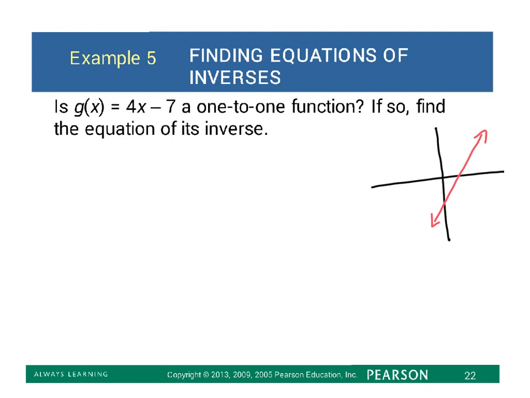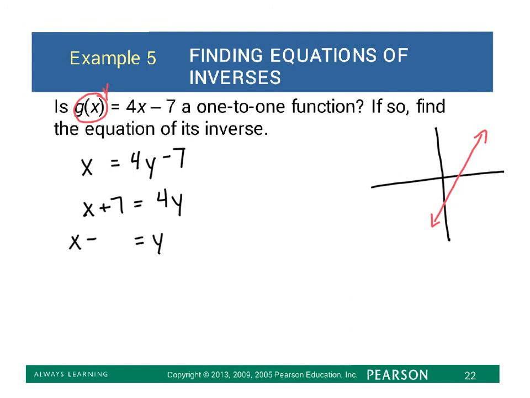We're going to replace this right here with a y and interchange x and y. So make your g of x an x, and your x a y. Now we solve for y. So add 7 to both sides, and now divide both sides by 4.